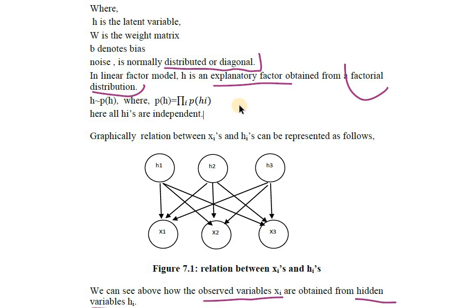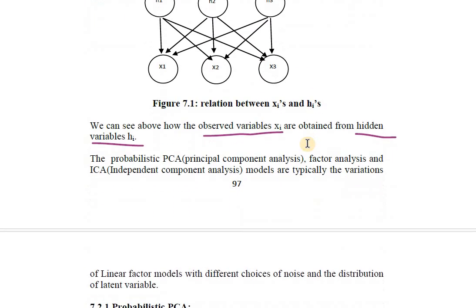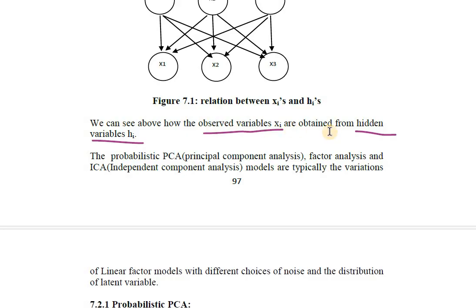Okay, whatever i's you are going to have, उन सब सारे टर्म्स का मल्टीप्लिकेशन will give you P of H. Okay, and we are assuming that all HIs are independent. If I have to show the things diagrammatically, I'll show it like this: x1, x2, x3 and h1, h2, h3. Okay, x are called as observed variables which are obtained from hidden variables HI.